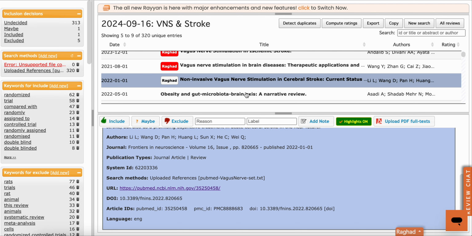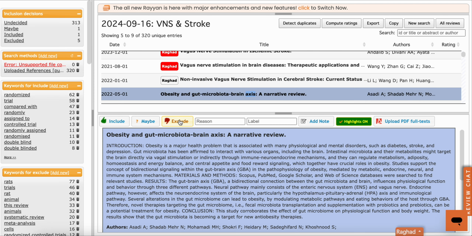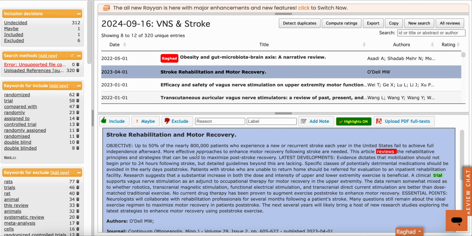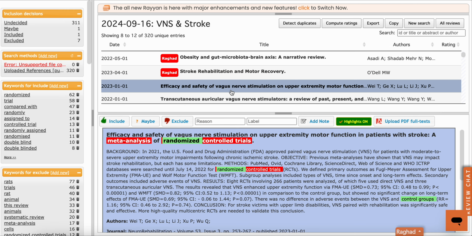Okay, here it's a narrative review, so from the title it's excluded. Here we talk about an article review, so it's excluded. Here, efficacy and safety of vagus nerve stimulation on upper extremity motor function in patients with stroke, a meta-analysis of RCTs. Here it's a meta-analysis, so it's excluded, but it talks only about upper extremity motor function.